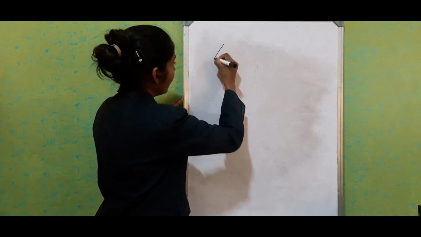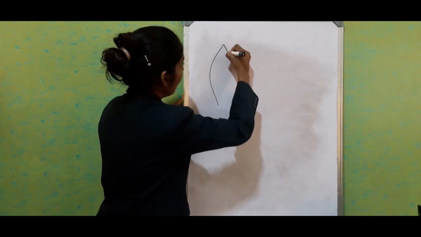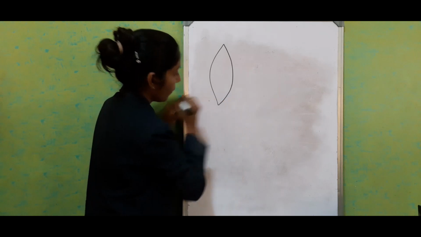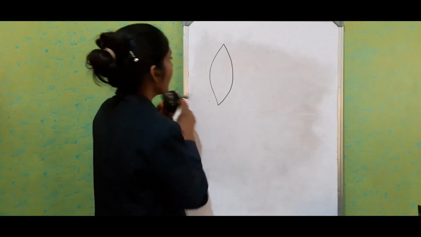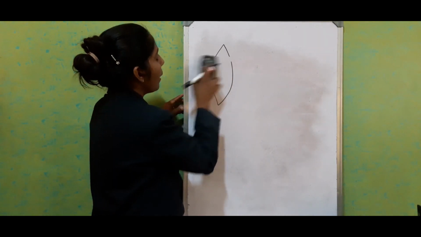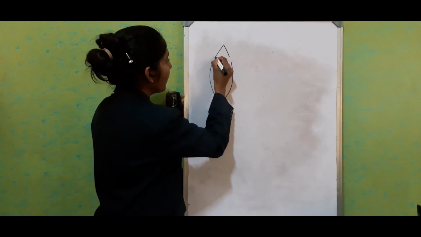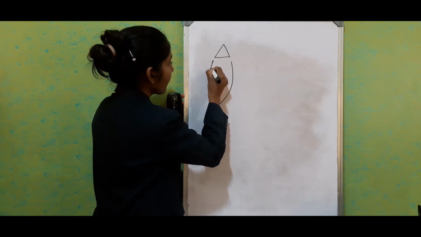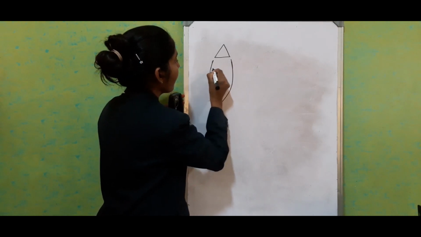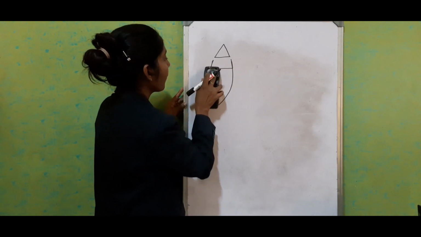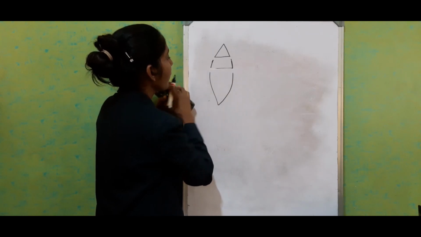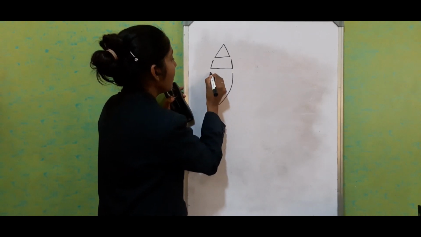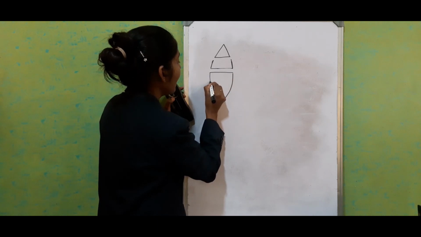Consider this is a convex lens. So I'm going to treat it as a combination of prisms and the middle portion is a glass slab.